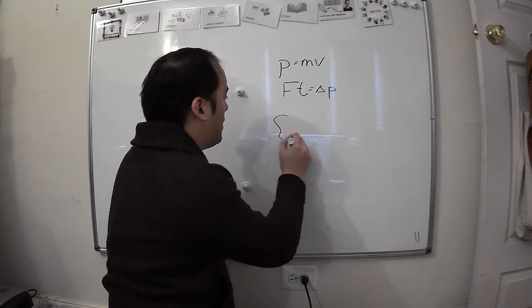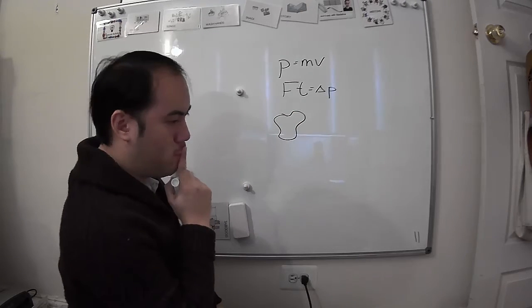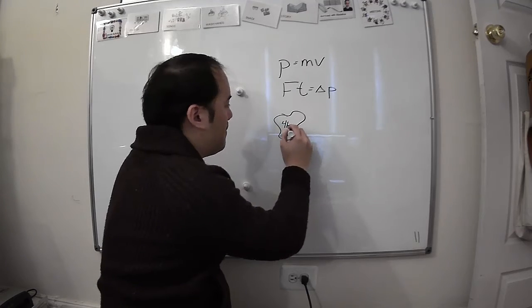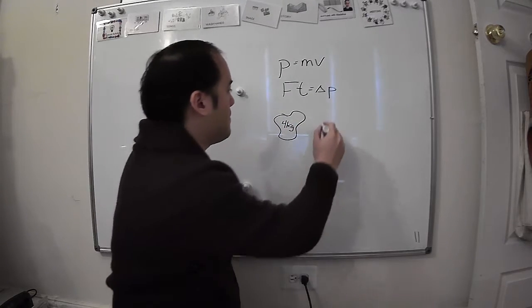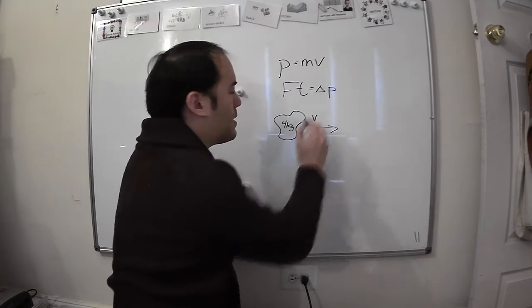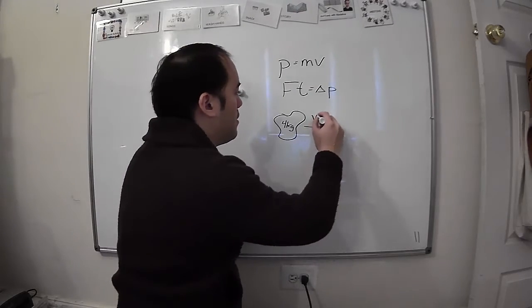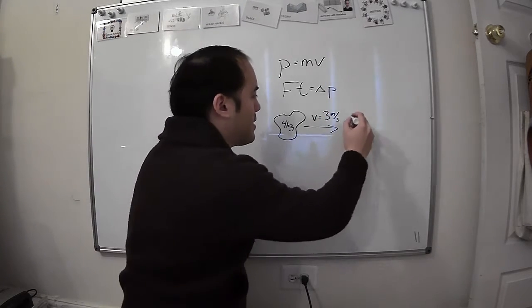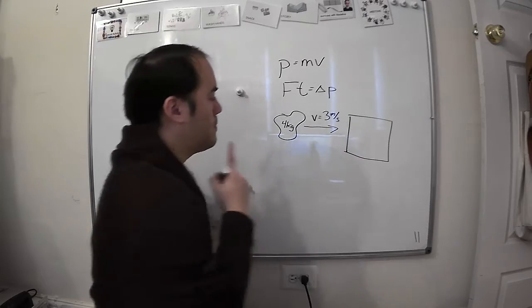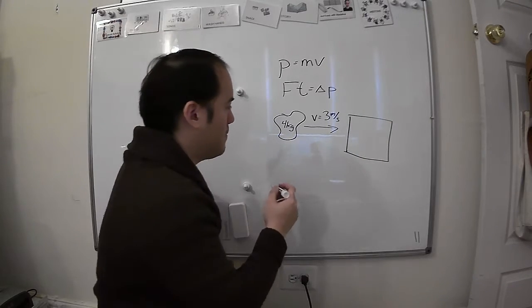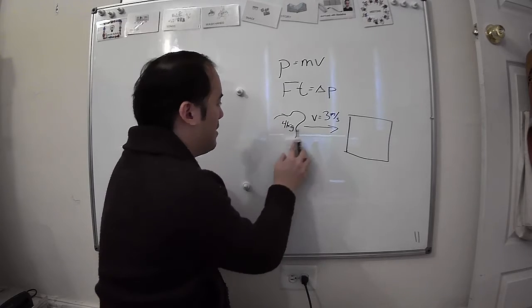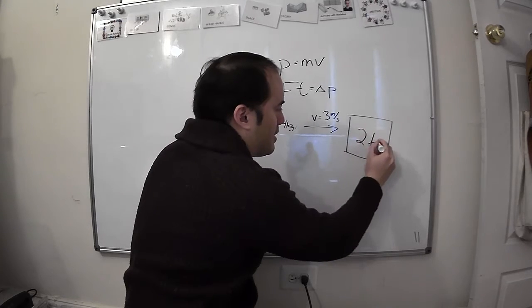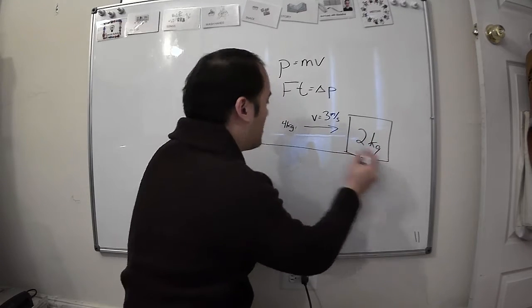I have a 4-kilogram blob of clay moving at velocity 3 meters per second, and it hits a 2-kilogram block of ice on a frictionless surface.